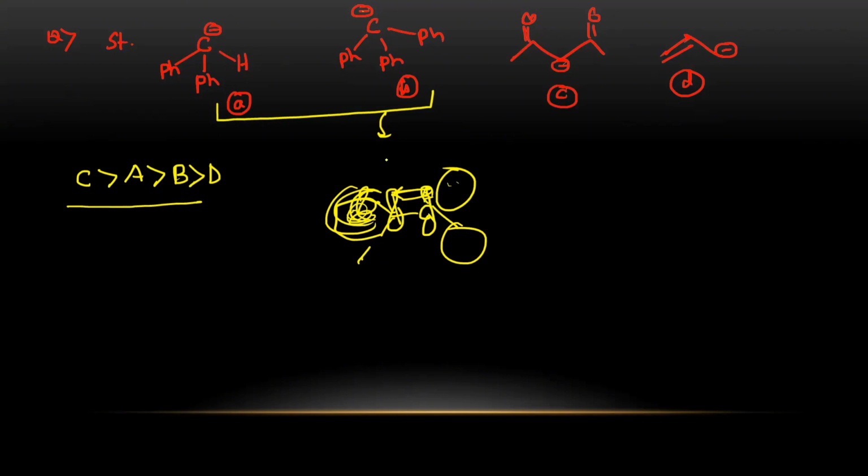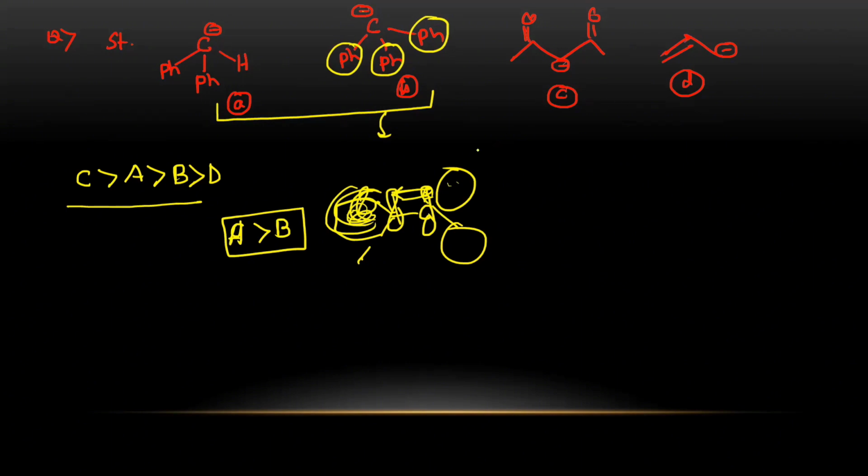So among A and B, A will be more stable than B, because these three phenyl rings will never be in plane, and the negative charge will not be able to undergo resonance. So overall resonance is very much less for B. So A greater than B.